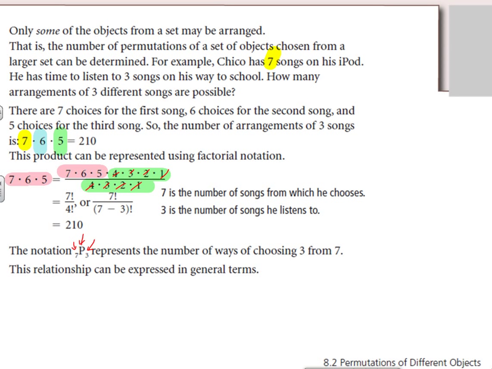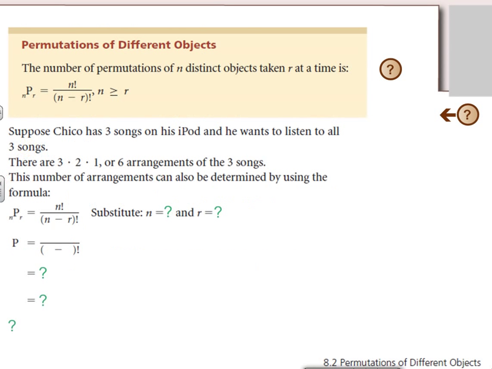I'll use the word pick just because it also starts with a P. So out of 7 objects, pick 3 of them and move them around and arrange them. And now you've got a formula to go with this. And of course, luck would have it for you, that's on your formula sheet. So you don't have to memorize it, you just have to know when and how to use it.